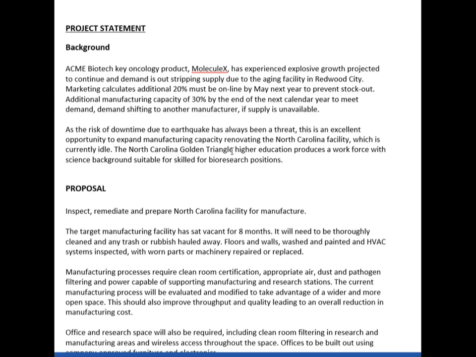A second problem is the pervasive issue in Northern California of having a potential earthquake. So this is our background. We're potentially going to be stock out on this important product, and there is the risk of an earthquake, and the opportunity is to expand our manufacturing capacity in a facility that we own in North Carolina.